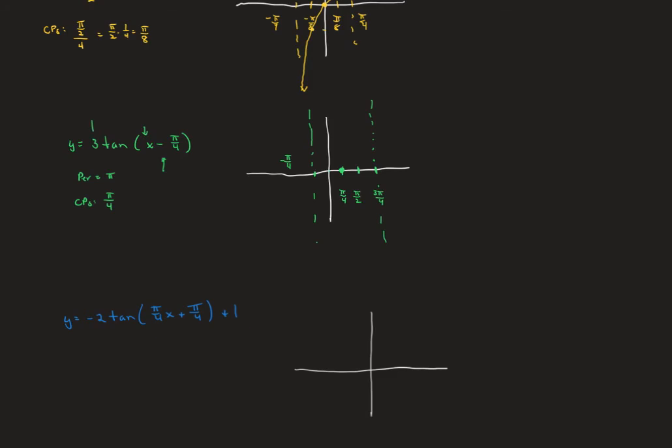Now, this has been stretched vertically by 3, so when I go one tick mark to the right, instead of going to 1, I'm going to go to 3 times 1, which is 3. And when I go one tick mark to the left, which is right on the y-axis, I'm going to go down to a negative 3.